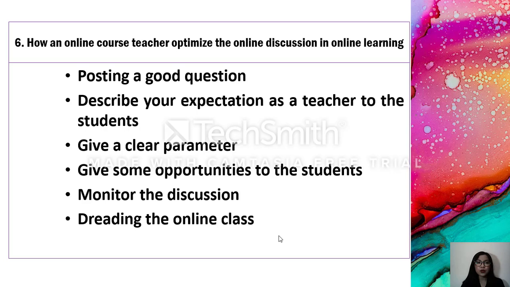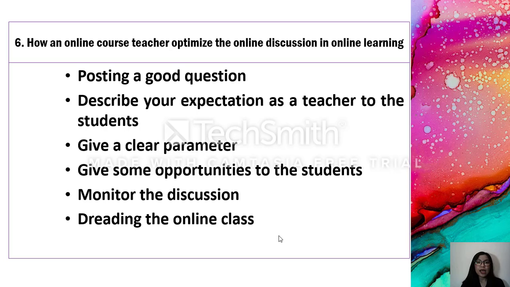The teacher also needs to describe what he or she expects from the students in the online learning course, and should give clear parameters to the students about the online course.